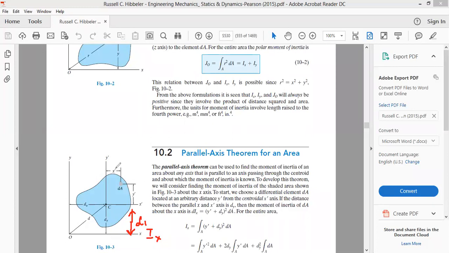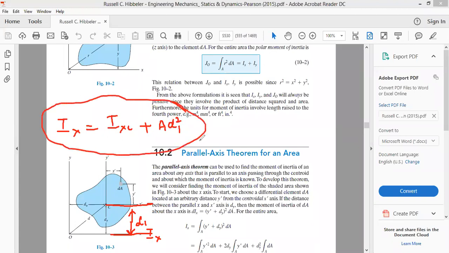The relation we have is that the moment of inertia about this x-axis is equal to the moment of inertia about the centroidal x-axis plus the area of the plane times the square of the distance between these two, that is A times d1 square. This is the formula that is used. This formula is called the parallel axis theorem for moment of inertia.